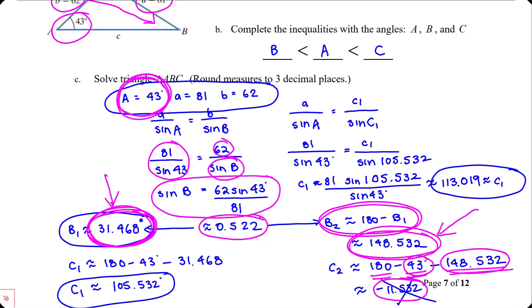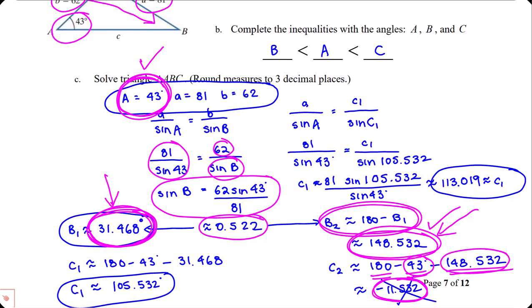It's negative. I have nothing left for the third angle. You see that? Here's one angle. Here's a possible second angle. I have one more angle to find in the triangle, but if they already add up to bigger than 180, then there's nothing to do there.